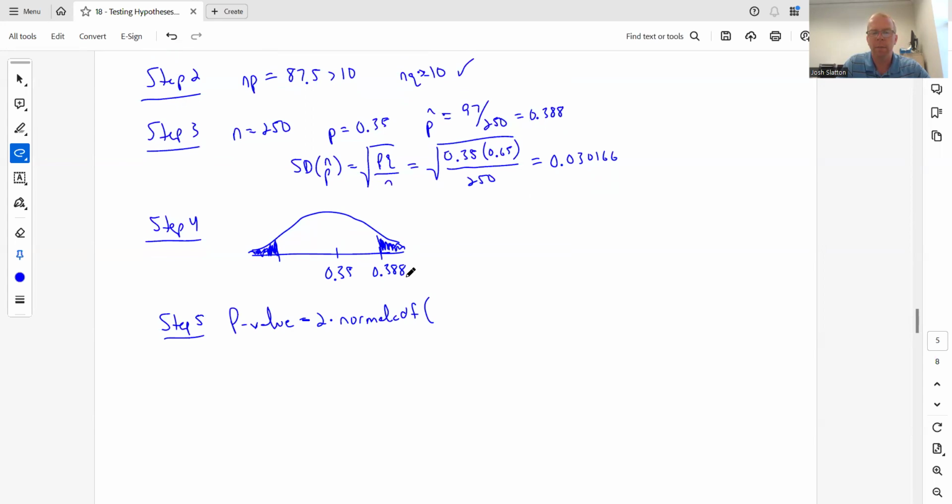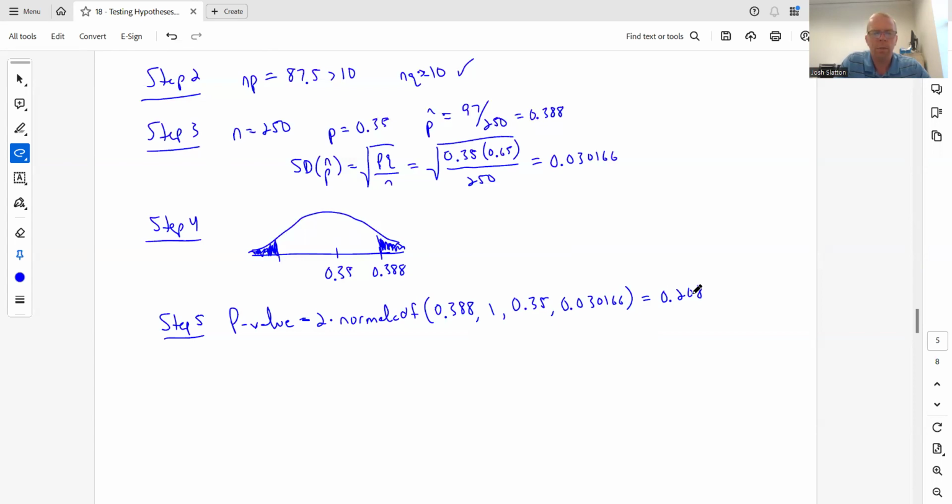So the lower bound is 0.388. Upper bound would be 1 for 100%, or you can go higher if you like. Mean is 0.35, and then standard deviation is 0.030166, and plug that in the calculator, and we get 0.208.